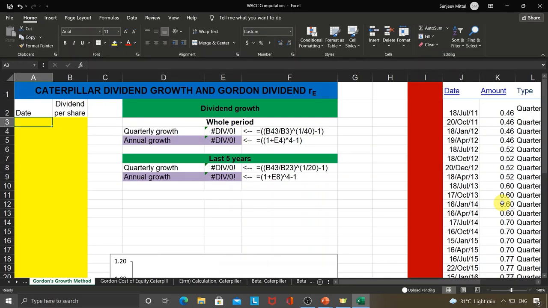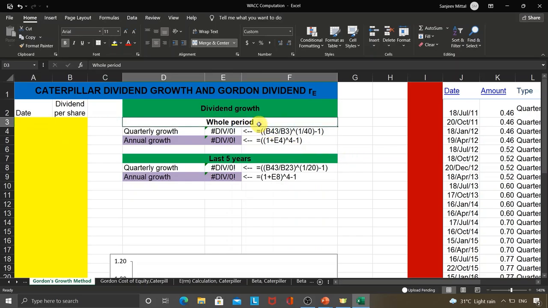Now, many of the analysts think that the dividend growth rate can be calculated for the whole period of the company, that is, since the inception of the company.